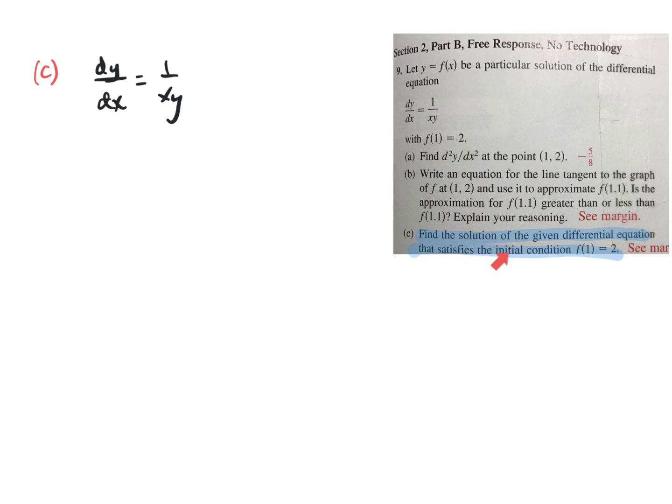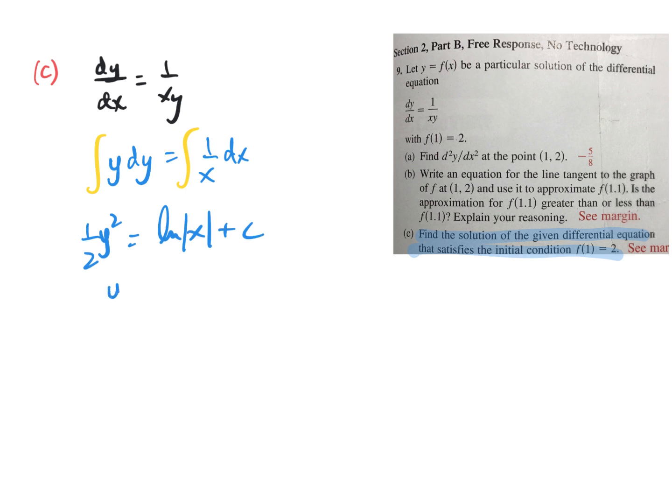All right, finally, let's find the solution when y is 2, when x is 1. All right, we will need separation of variables, and then we'll substitute stuff in, so that should be pretty straightforward. Separation of variables, antiderivatives, multiply both sides by 2. Take the square root of both sides.